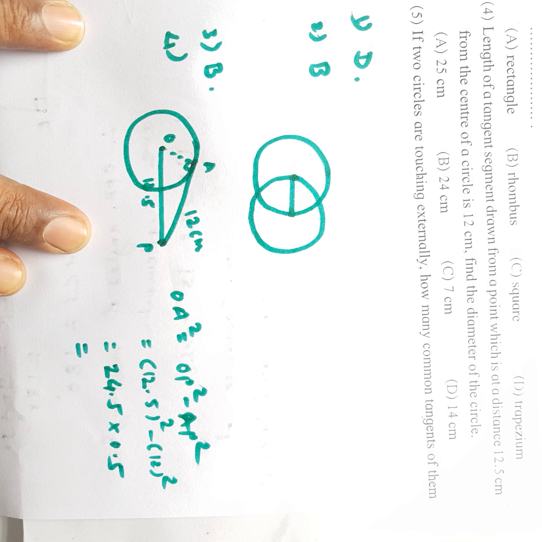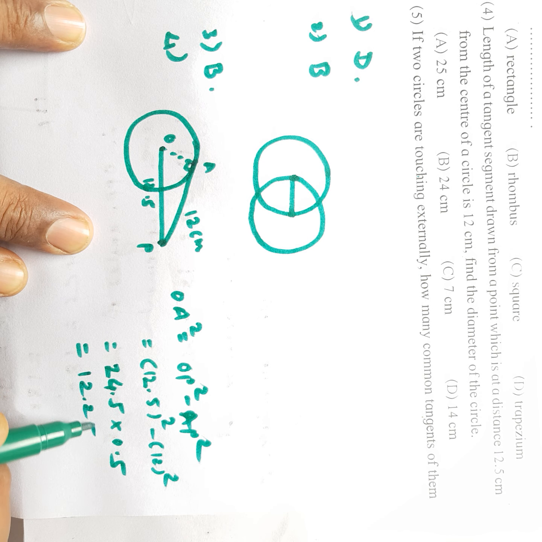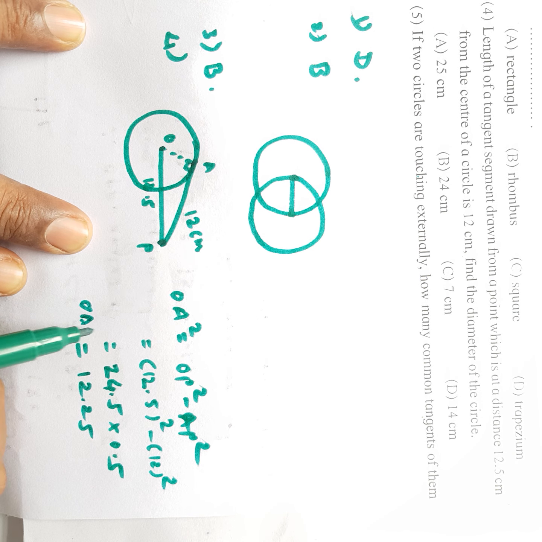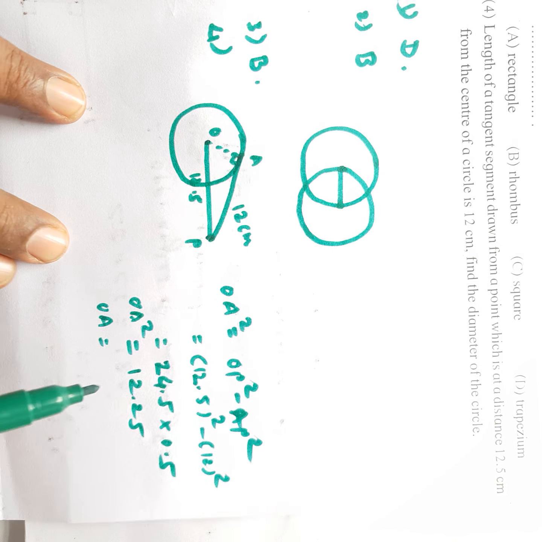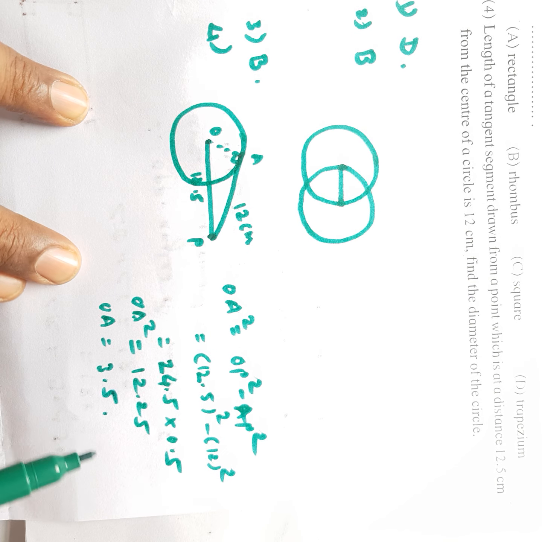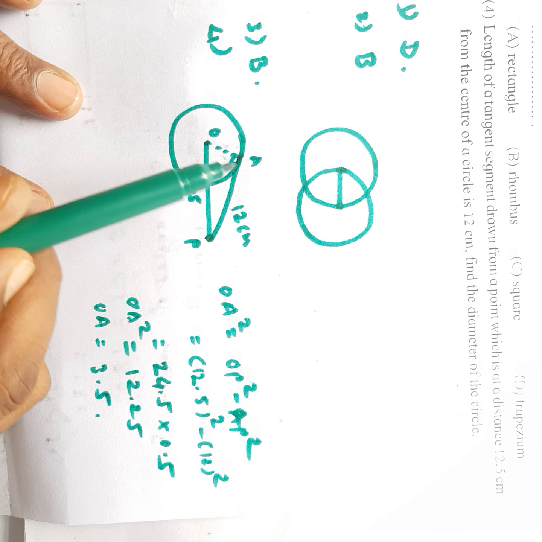This multiplication will be 12.25. OA square is equal to 12.25, therefore OA, that is the square root, will be 3.5. That means the radius is 3.5.